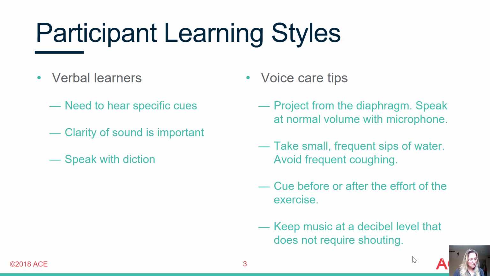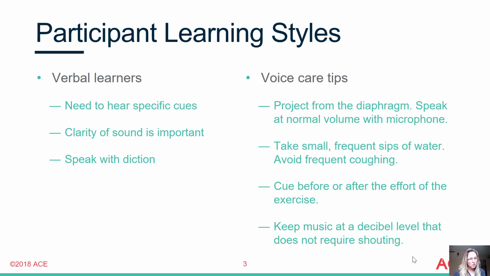Most learners tend to favor one particular instructional method as their preferred way to obtain information. So even though we can cue in all three ways, verbal, visual, and kinesthetic cues, some people tend to favor one way over another. So it's important that we understand how to accommodate each one of those learning styles.